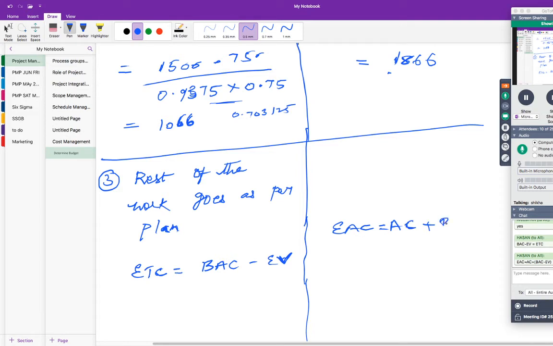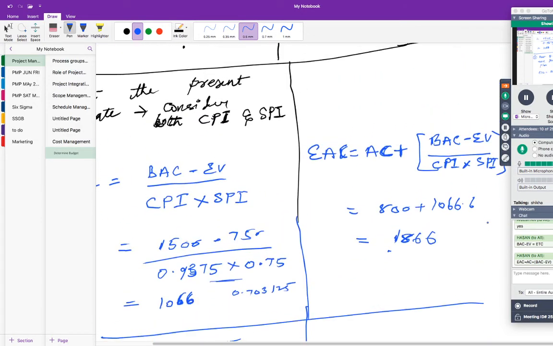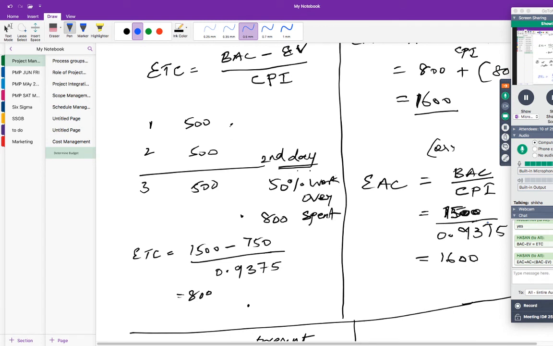For the rest of the work, it will be BAC minus EV. So this is your formula for when the rest of the work goes on as per plan. Can you find it out for the above problem? For the 50% of the work, for the rest of the work, you will do the work as per the plan. Then what would be your ETC and EAC? Can you find it out?